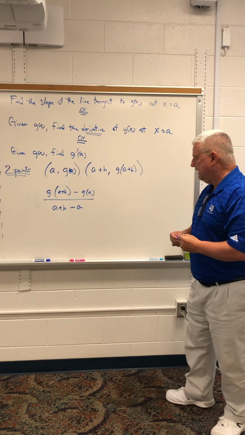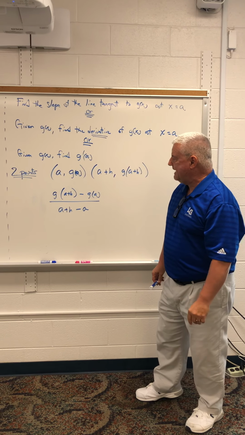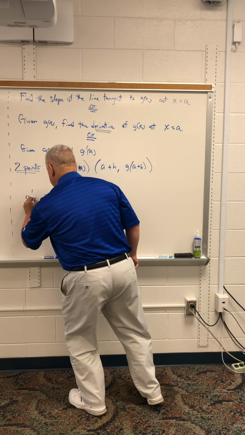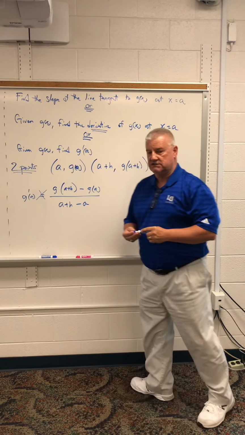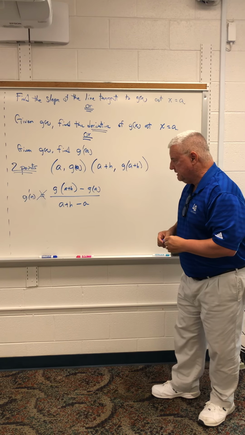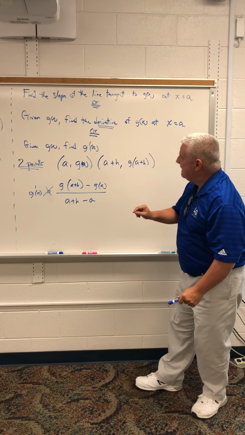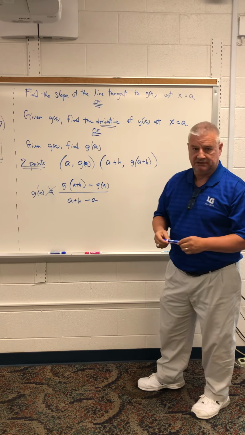All right? So now, is this the slope of our tangent line? Is this equal to g prime of a? No, it is not equal to g prime of a. This is just the slope of the secant line from x is equal to a to x is equal to a plus h.